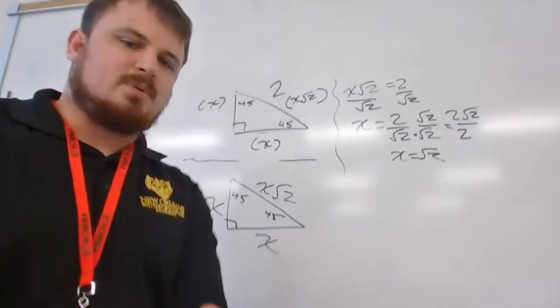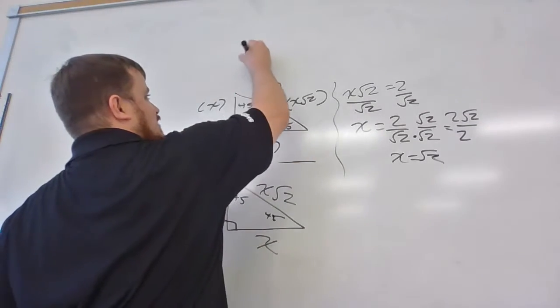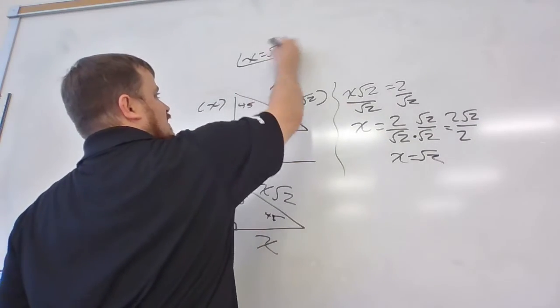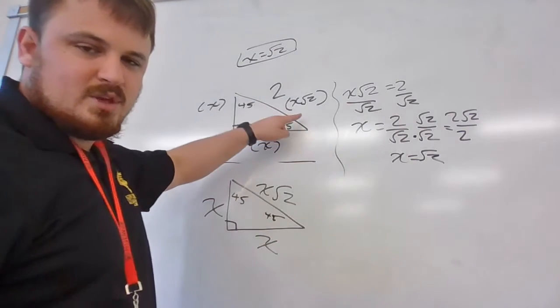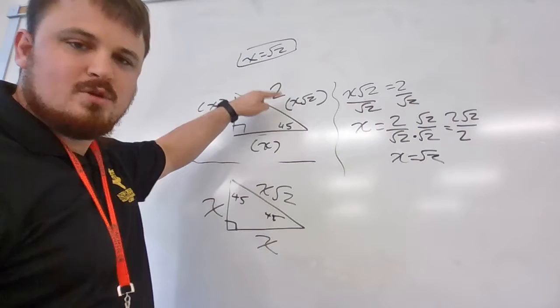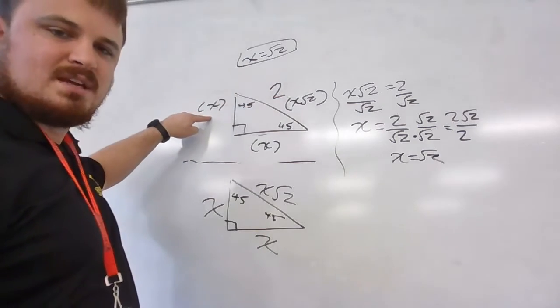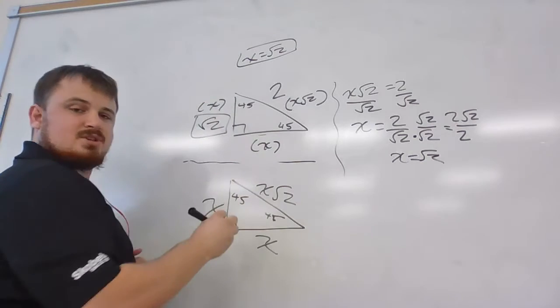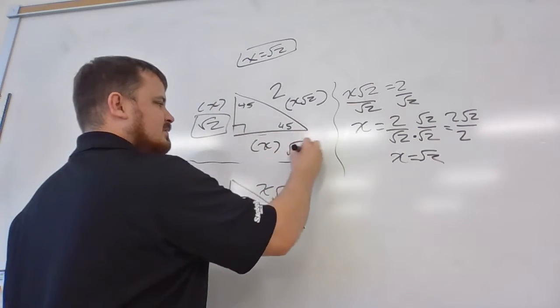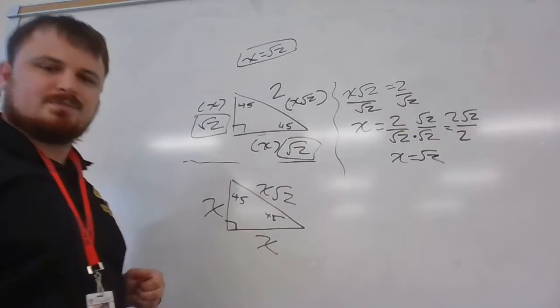Okay? So up here, let's remember that X for this is square root of 2. So we already did, when you put square root of 2 in there, it equals 2, but we already knew that that's 2. So plug X in right there, square root of 2. So this answer is square root of 2. And then this side is square root of 2. Okay?